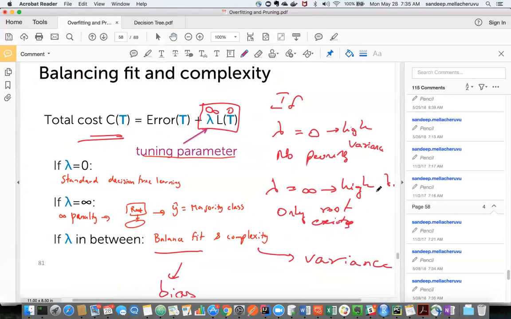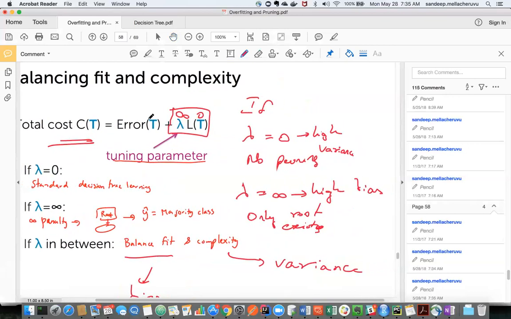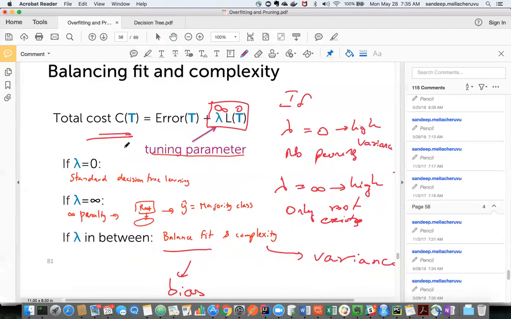So this total cost is trying to balance between a model which has high variance versus a model which has high bias. That is how this model is going to have a better variance bias trade-off.